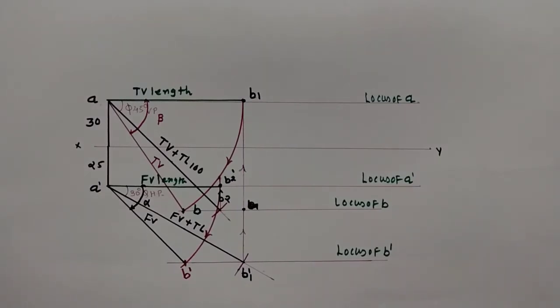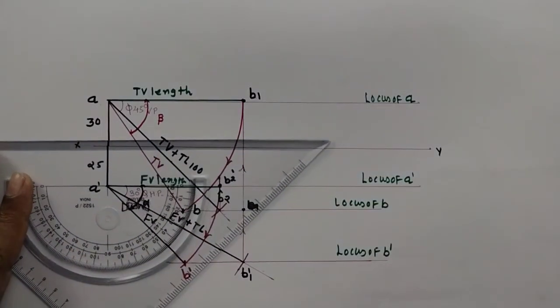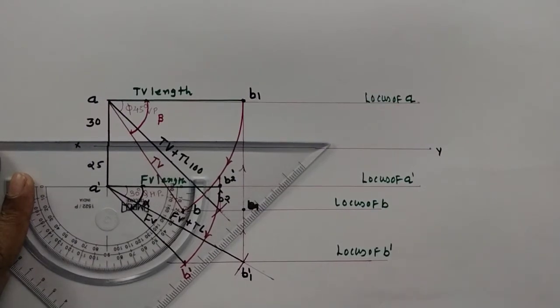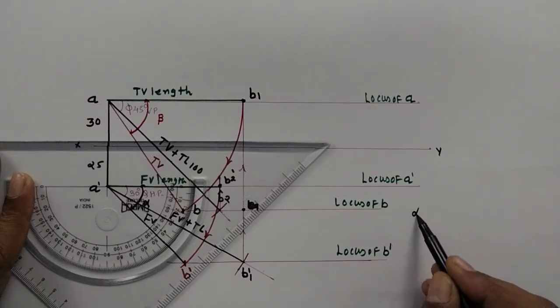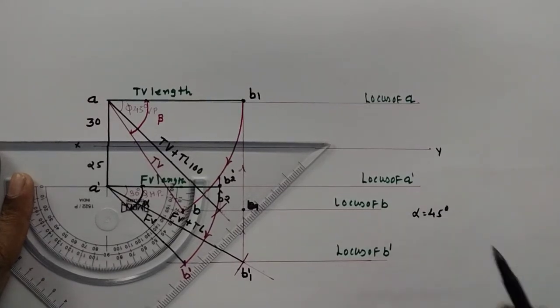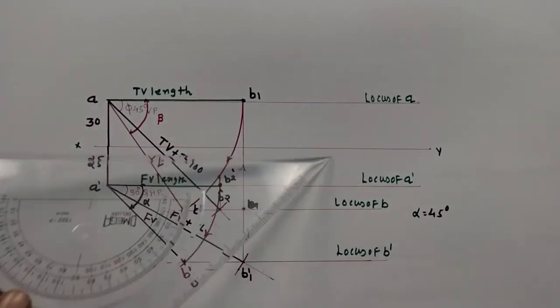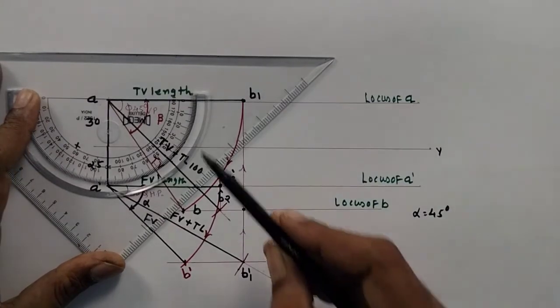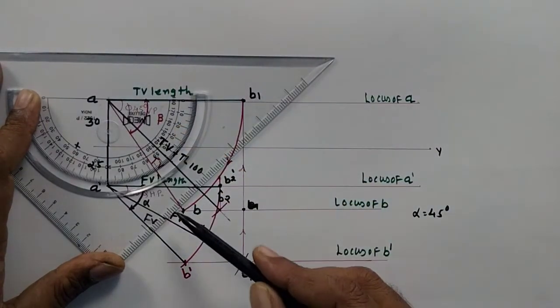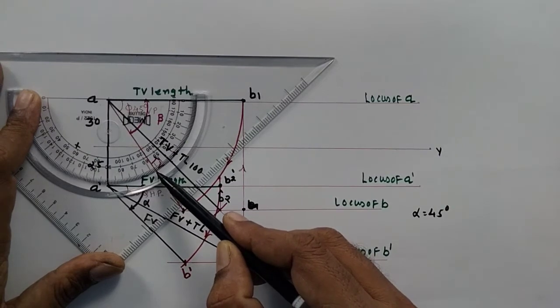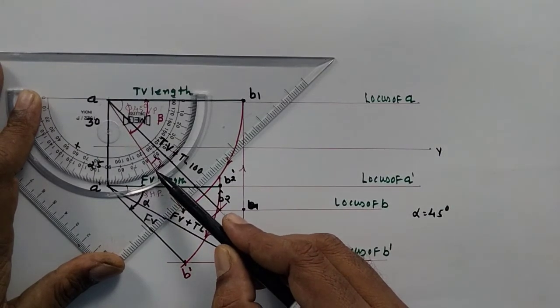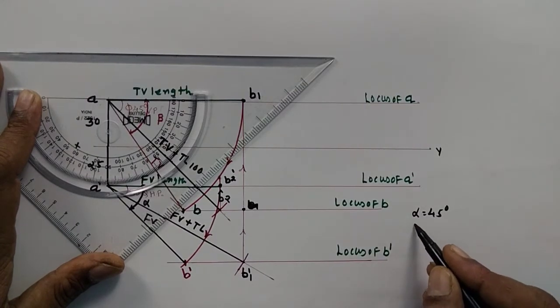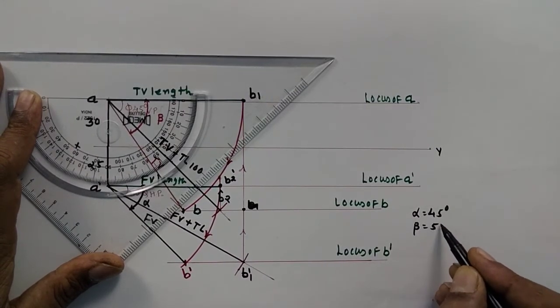Now we measure the two angles. One, the actual inclination of the front view is 45 degrees. So I write alpha equals 45 degrees. Similarly, you can measure your actual top view, line AB inclined to the XY line, which is 57 degrees.